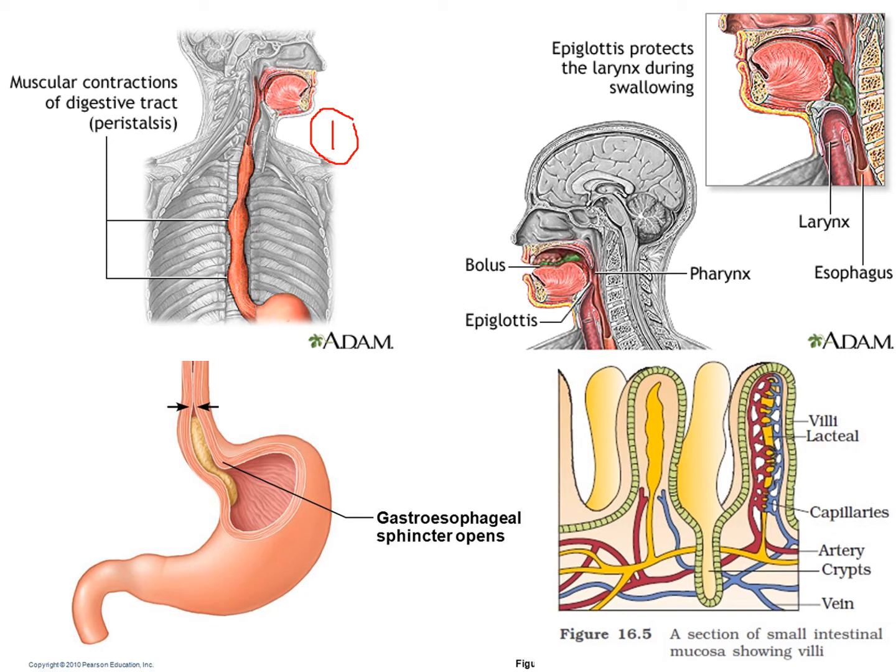In the section of intestine, there are villi, that is, the finger-like structures which help in absorption. You can see that the villi inside have a lot of capillaries. These capillaries will help in absorption of the nutrition, and the nutrients that are absorbed are sent to different parts of the body.